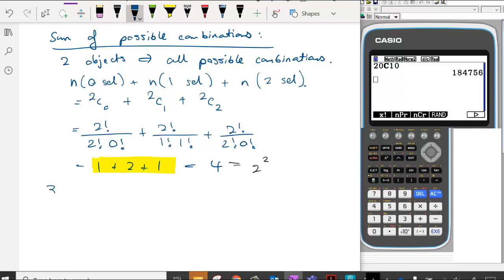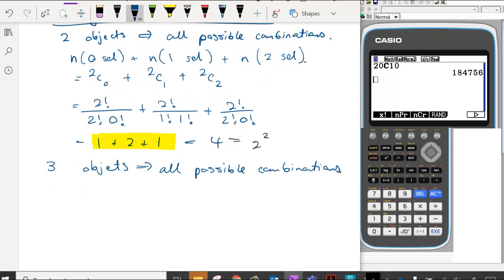So let's look at 3 objects. Again, we want to look at all possible combinations. If we break this down, we'll have 3C0, 3C1, 3C2, and 3C3. 3C0 will give us 1, 3C1 will give us 3, 3C2 will give us 3, and 3C3 will give us 1.